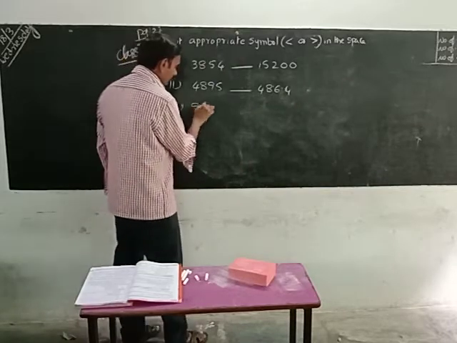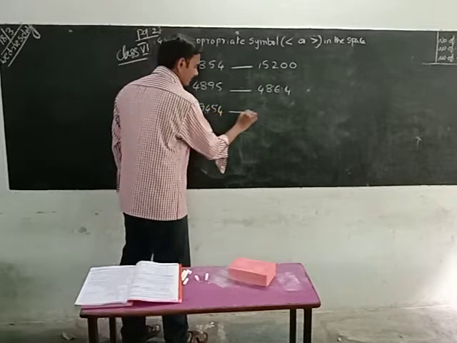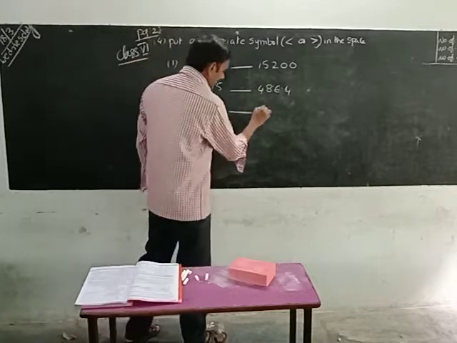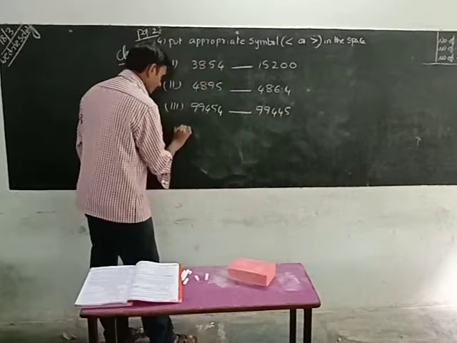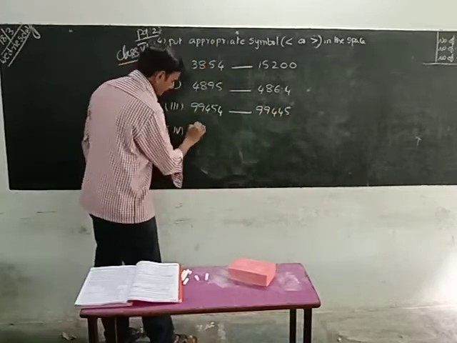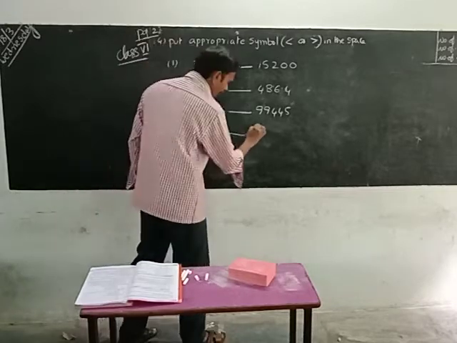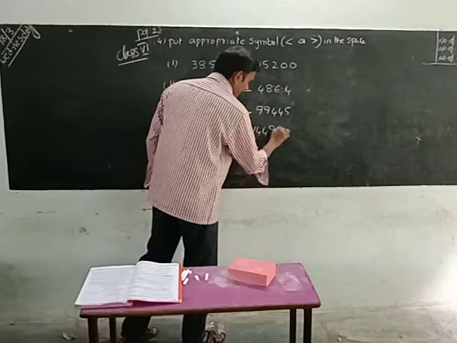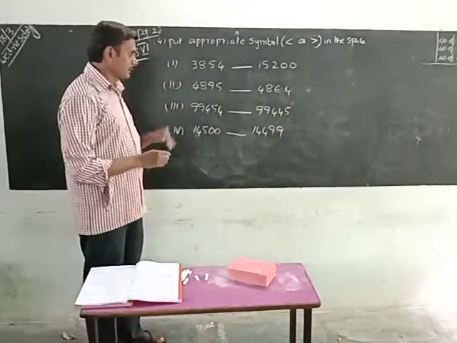I think all of you do not have textbooks, so that's why I am writing all the questions here. Fourth question. Okay, these are the questions. There are 4 questions. We will discuss one by one.